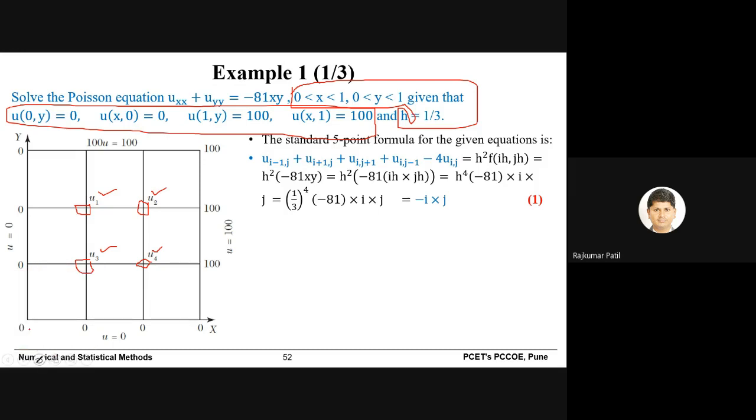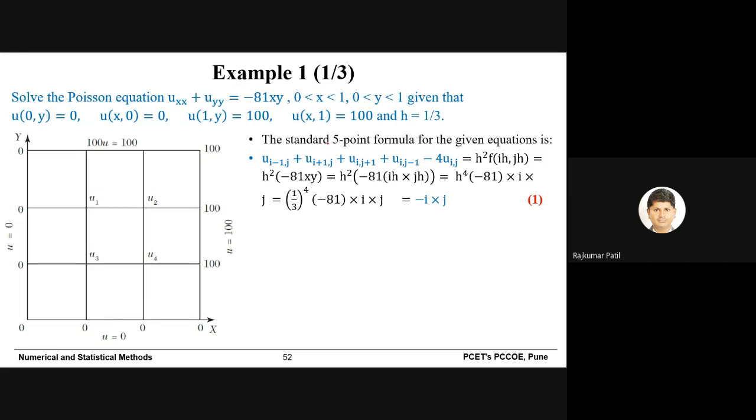So again we will go step by step. We have to use the standard 5-point formula, but in this case the standard 5-point formula has a different equation. For any point u, u(i-1,j) plus u(i+1,j) plus u(i,j+1) plus u(i,j-1) minus 4u(i,j) is equal to h squared f(ih, jh).